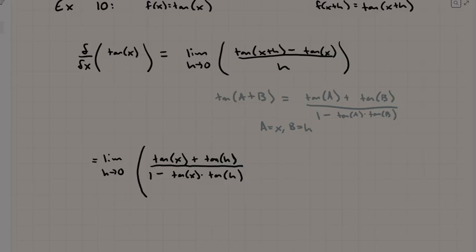I'm just double checking this formula so I don't mess it up. Looks good. Okay. That is the first term, and then minus tangent of x. And then that is divided by h. Yeah, I don't know if that helps with parentheses there. We can. Okay.